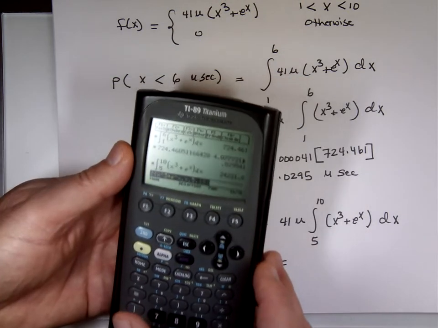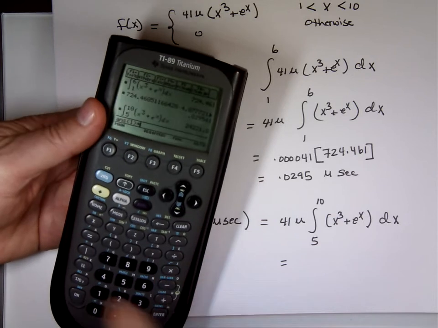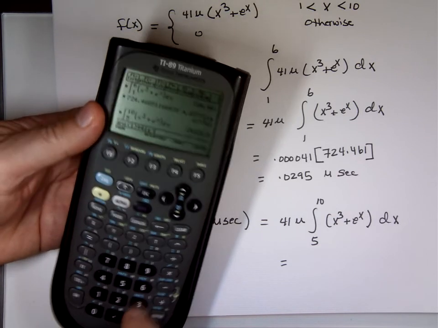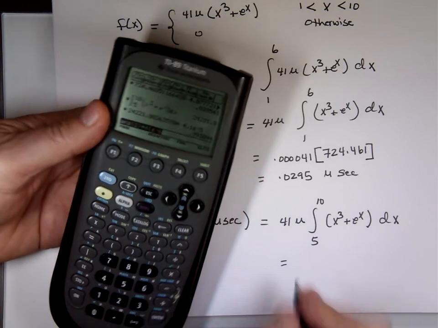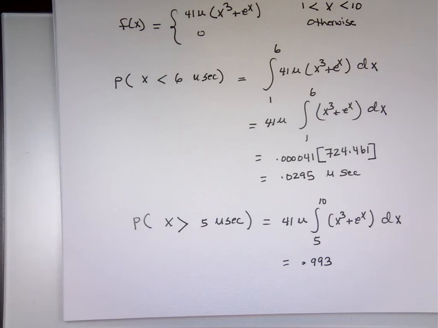So times 41 micro, 41 e to the power of negative 6. 0.993. The probability the impact time will be 5 microseconds or more. It's almost 100%. You have a 99% chance that the impact time will be more than 5 microseconds.